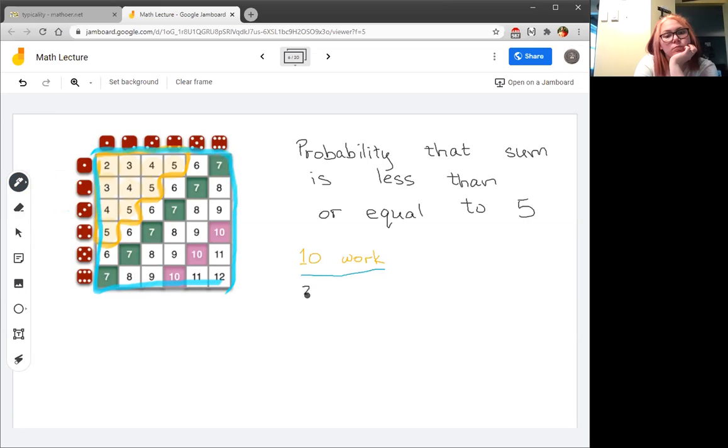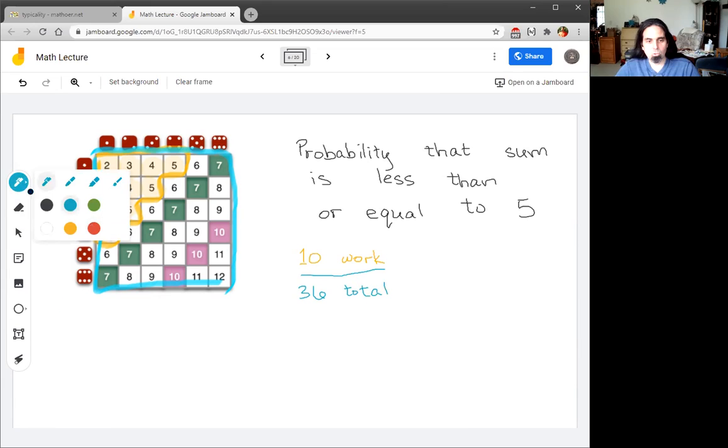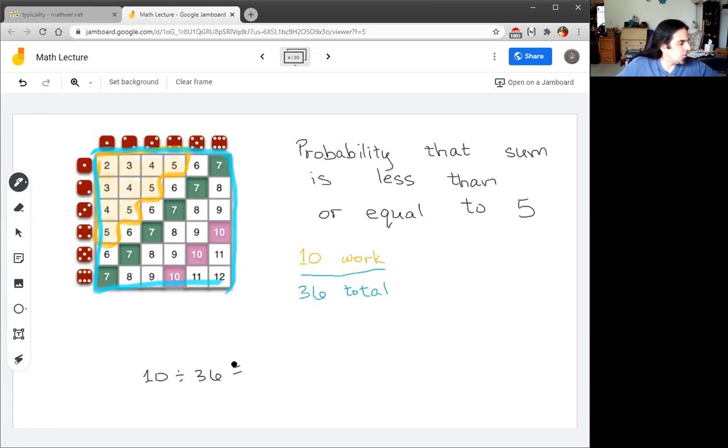Yeah, 36. So I could just be done. That's a good answer. Or if I wanted, I could say that 10 divided by 36, whatever that is, as a decimal, 0.27, repeating.